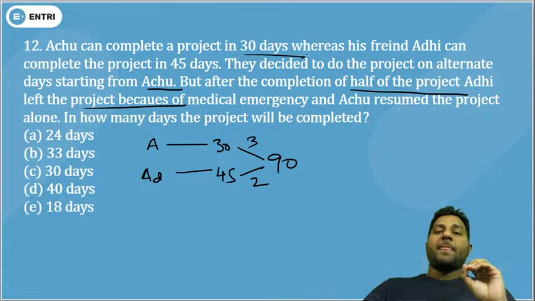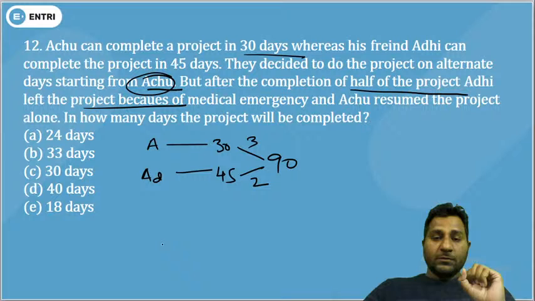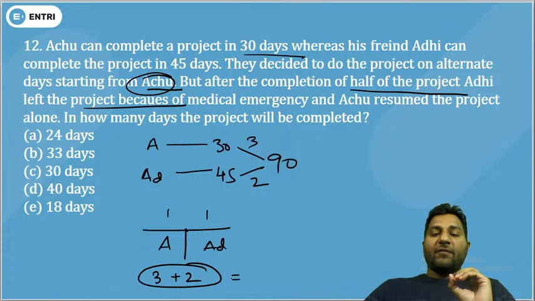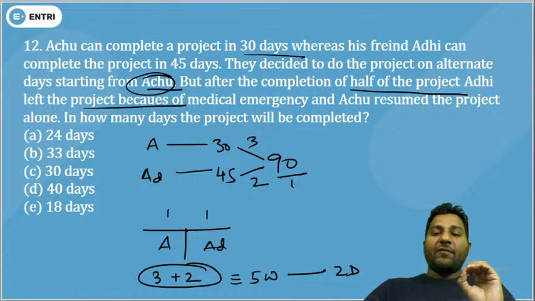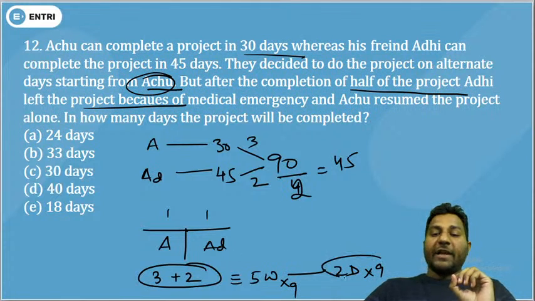Okay, clear. They decided to do the project on an alternate basis starting from Achu. So Achu does the work on one day and Adhi does the work on the second day. That means 3 plus 2, the 5 work will be completed in 2 days. So for half of the work, 45 work must have been completed in, sorry, 18 days.